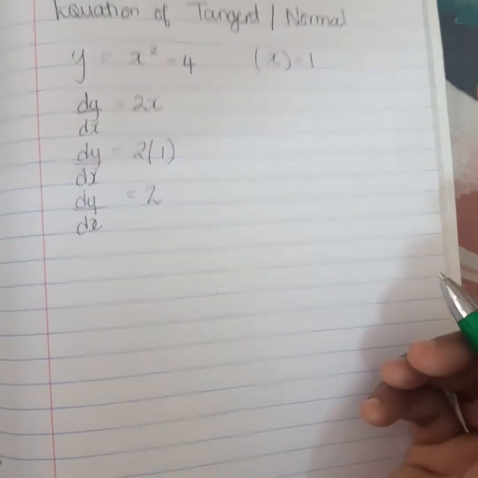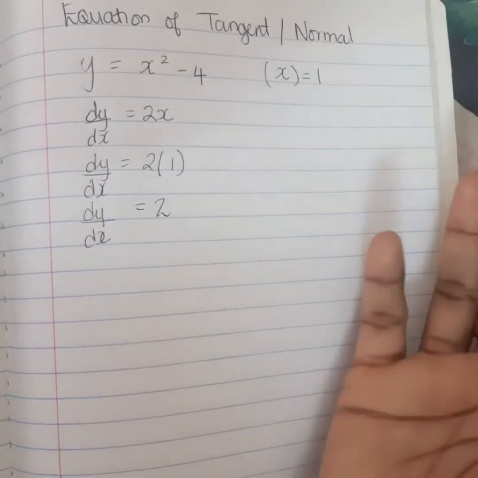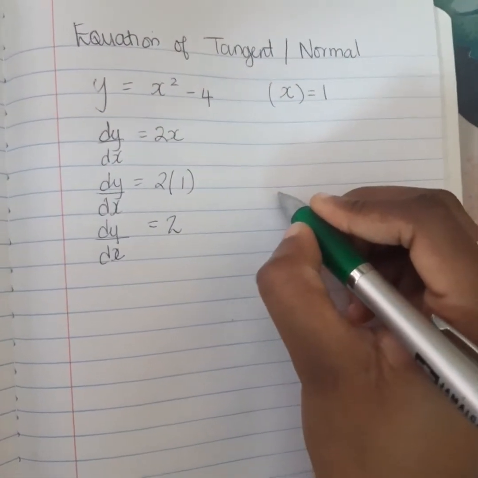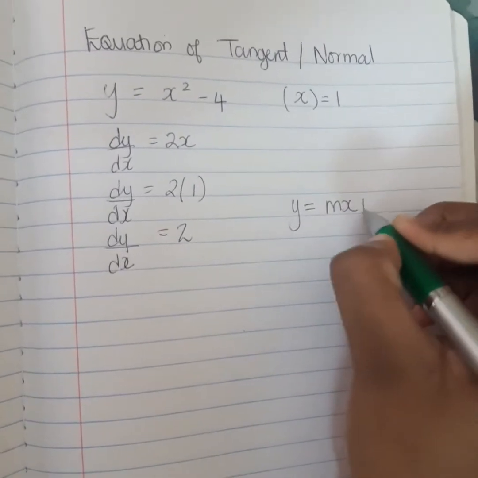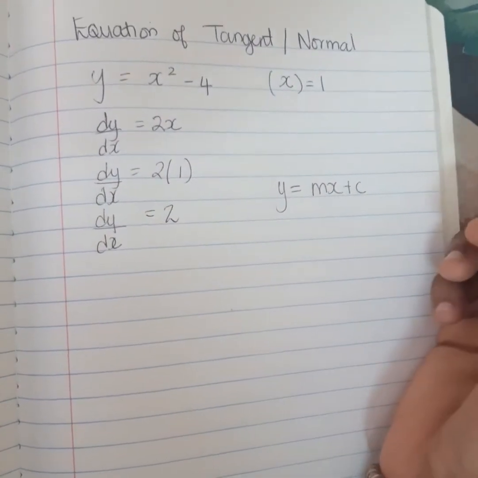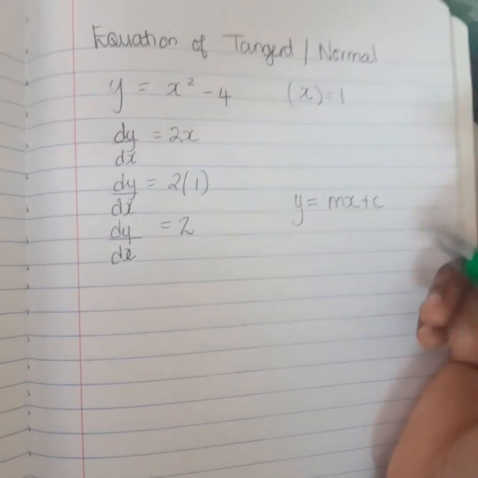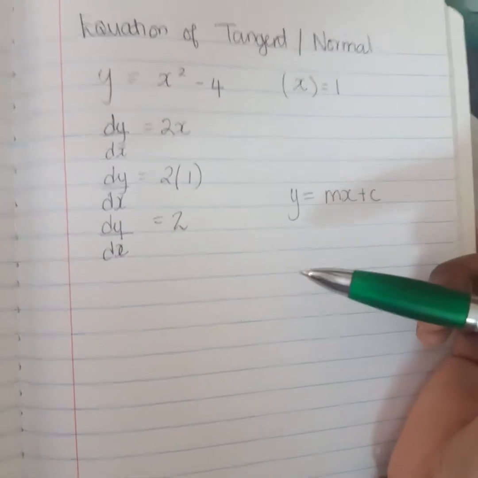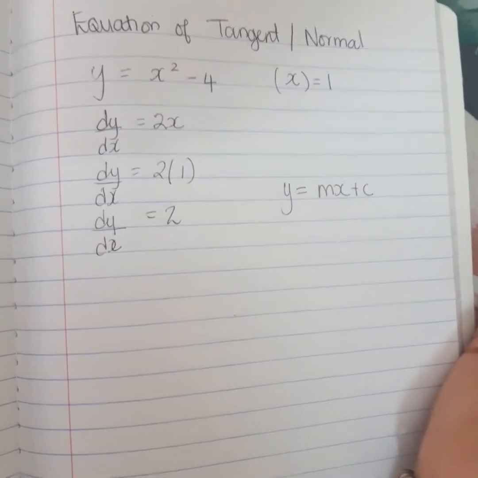Now, to find the equation of the tangent, we know that we have a straight line here, and the equation of a straight line is in the form y equals mx plus c. So from there we can go ahead to find our equation of the tangent, knowing that we have our gradient. But firstly, we need a corresponding y value so that we can plug in our values and find our intercept.